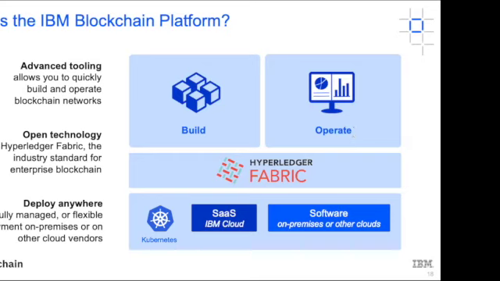Okay, so what we're going to do now is switch gears just a little bit, and we're going to talk about the IBM Blockchain Platform. As I mentioned earlier, the IBM Blockchain Platform is built on top of a technology which is open source and open governance called Hyperledger Fabric.